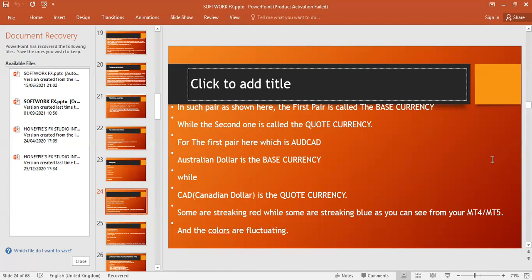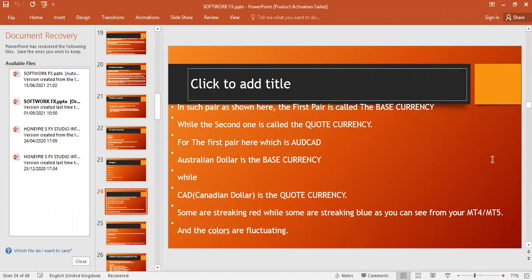When you have a combination of two currencies, which is making a pair, let's say AUD CAD, or let's say CAD JPY, there is one we refer to as the base currency. The one that comes first is referred to as the base currency, while the second one is called the quote currency.